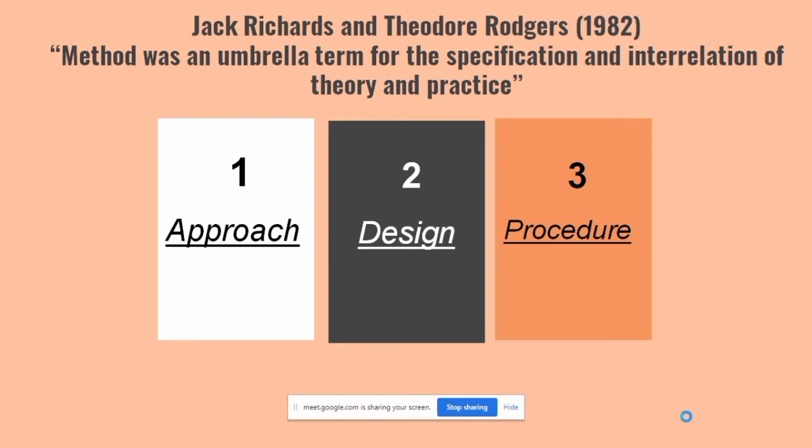Approach defines assumptions, beliefs, and theories about the nature of language and language learning. And the second one is design. Design specifies the relationship of those theories to classroom materials and activities. And the third is procedure. Procedure is techniques and practices that are derived from one's approach and design.